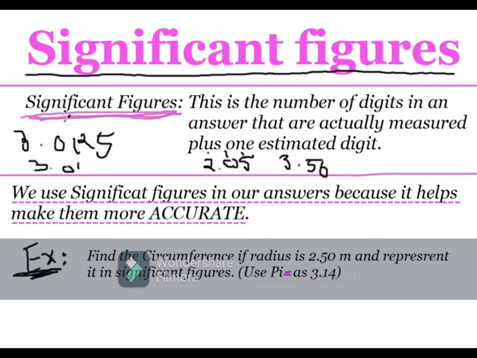It's not always this case because there are some rules for multiplying, dividing, addition, and subtraction, which you'll learn after this slide. We use significant figures in our answer because it helps make them more accurate.